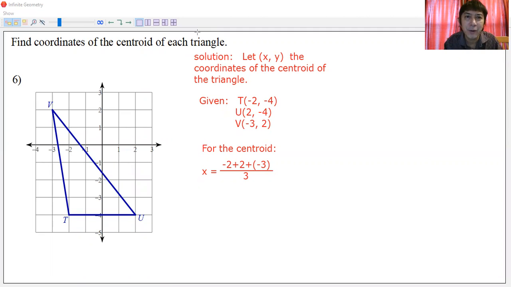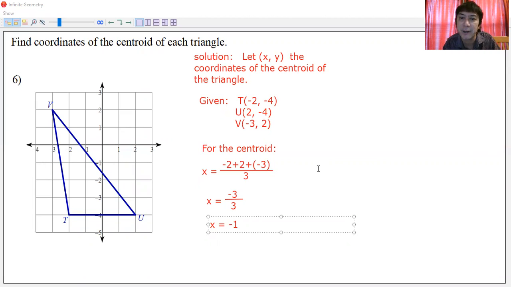Negative 2 plus 2 is 0, plus a negative 3. So we have a negative 3 result for the numerator. Then we divide that by 3 and we have negative 1. X is equal to negative 1.